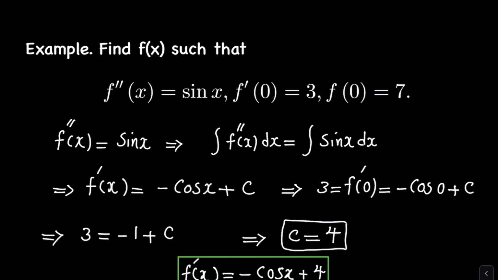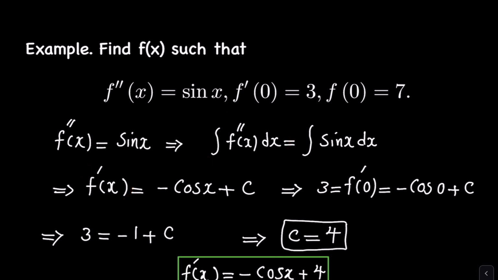That's a simple way of keeping this in mind: if you integrate f double prime, the integration will cancel one of the primes, one of the derivatives, and you will end up with f prime. So an antiderivative of f double prime is going to be f prime. So I'm replacing this with that.